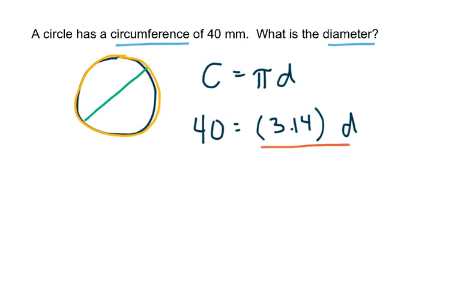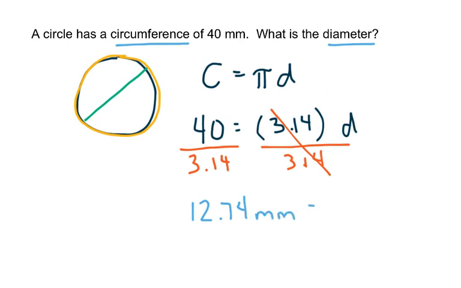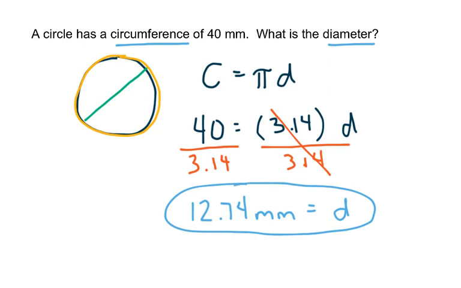I need to divide this side by 3.14 so that those cancel, leaving the D. And if I divide the right-hand side by 3.14, I need to divide the left-hand side by 3.14. And when I do that, I get that 12.74 millimeters is equal to my diameter.